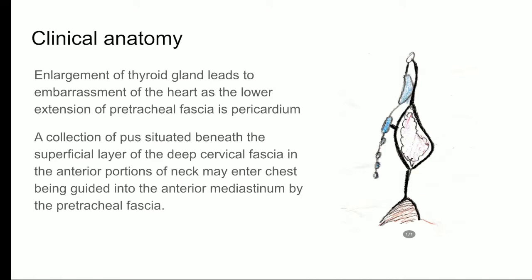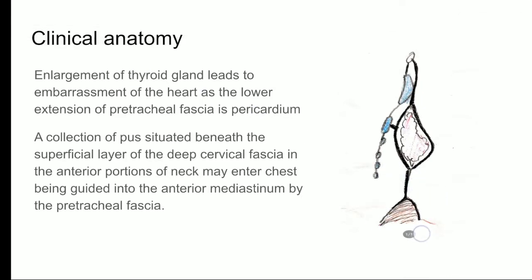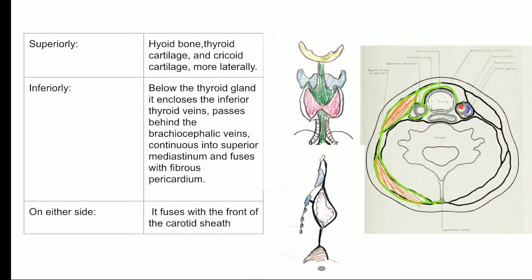Okay, so let's begin by talking about its relation to the superior mediastinum and the fibrous pericardium. First of all, enlargement of the thyroid gland leads to embarrassment of the heart, as the lower extension of the pretracheal fascia is the pericardium, right?